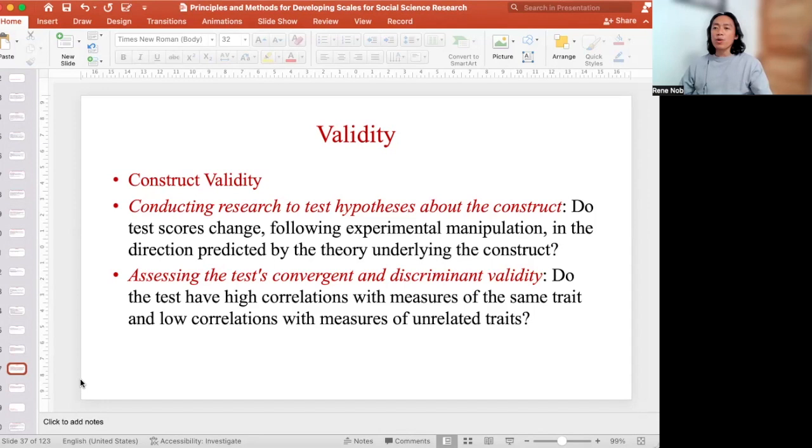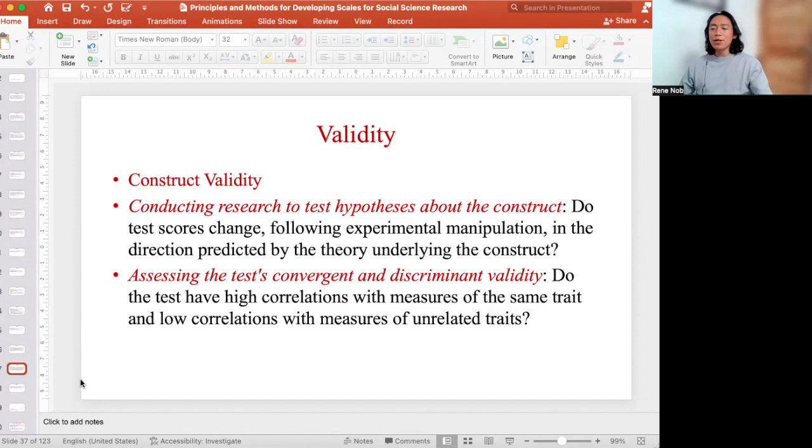Or if we are comparing two groups, one group that received the self-efficacy enhancement intervention and a control group, then we should expect that the self-efficacy should be higher in the experimental group compared to the control group.